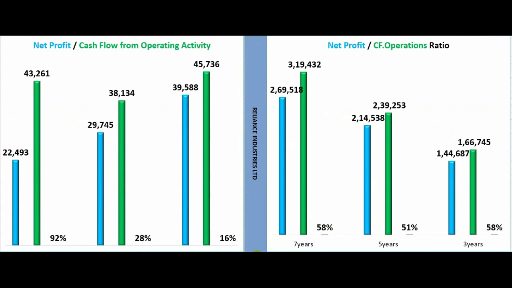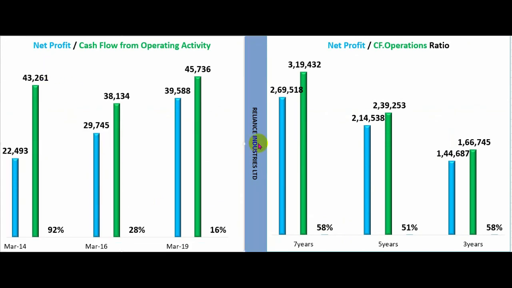Next, let us understand the cash flow analysis. Moving on to the comparison of net profit to cash flow from operating activity. This is a very important ratio. We are trying to understand, out of the net profit declared by the company, how much has actually been received by way of cash in the operating activity itself.